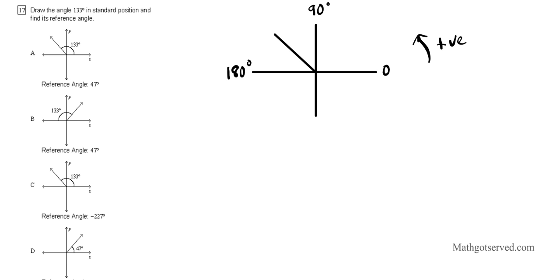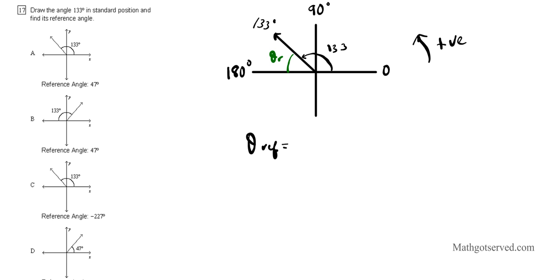Alright, so this is the angle swept by 133. This angle right here. The reference angle is the measure from the terminal side to the closest x-axis. The closest x-axis to the terminal side is this angle right here. So that's the reference angle, theta r. So your reference angle, theta reference, is simply going to be, this is 133, right?